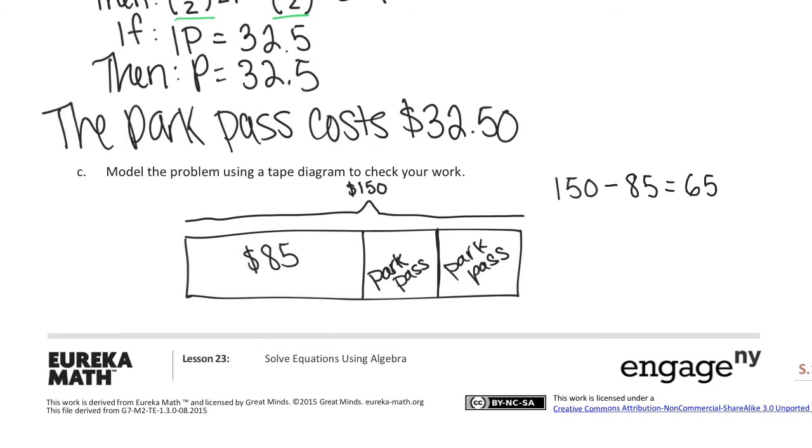Now, that means that for both these park passes, it's going to cost me a total of $65. To find out how much they cost individually, I'm going to take 65 and divide it by 2. When I have 65 divided by 2, it is going to get me 32.5.